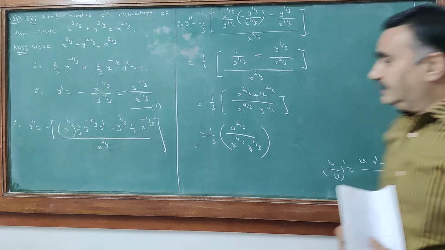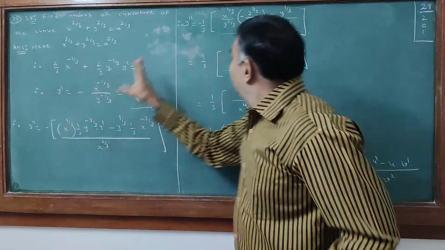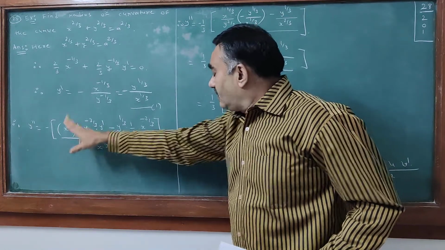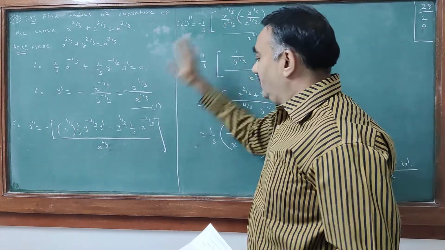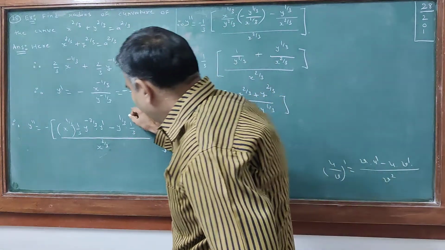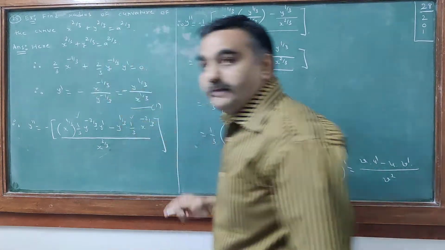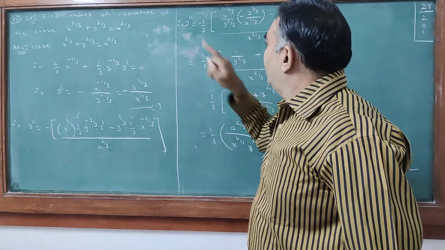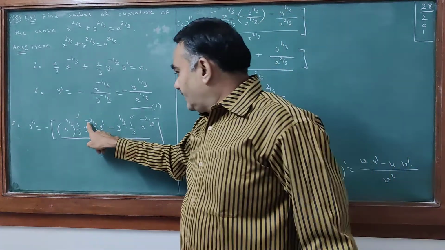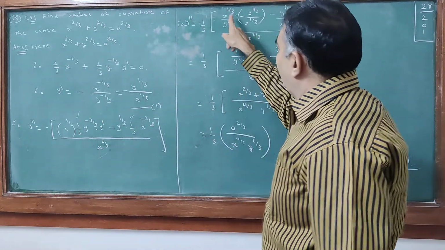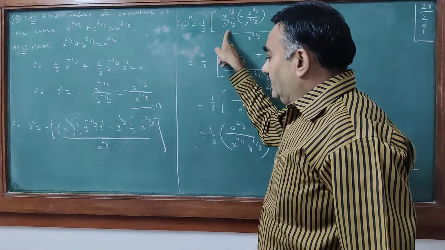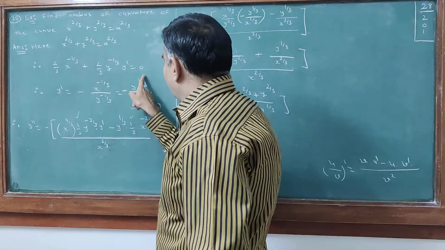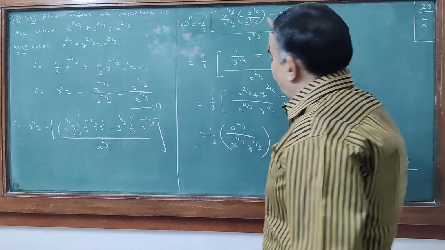It's actually like this: x raised to 1 by 3. 1 by 3 is outside of this bracket because it is in both the terms. So we have taken it outside and the minus sign is there. So minus 1 by 3. This y raised to 2 by 3 is in the denominator of the first term. Then there is a y dash. The value of y dash is minus y raised to 1 by 3 upon x raised to 1 by 3.